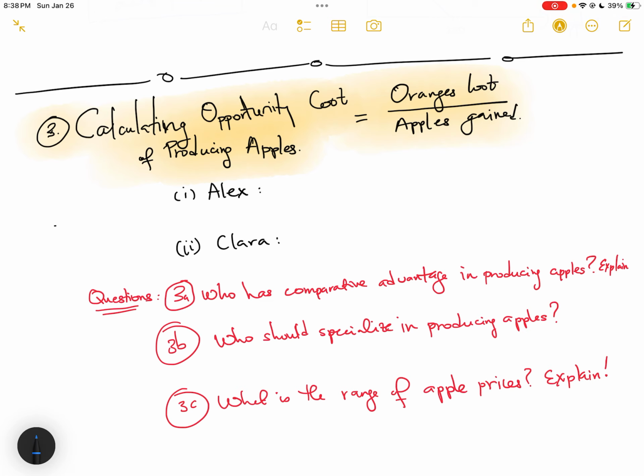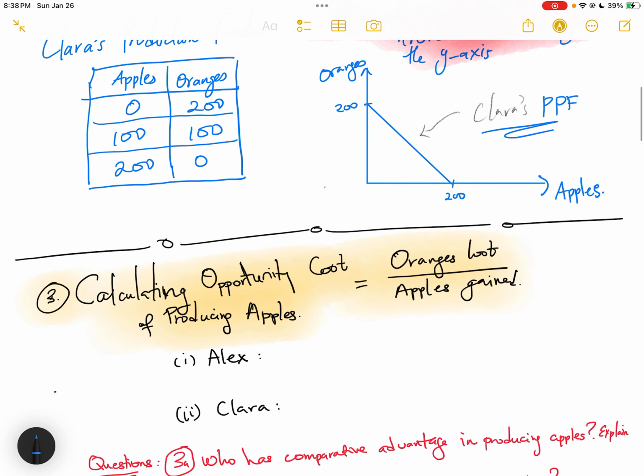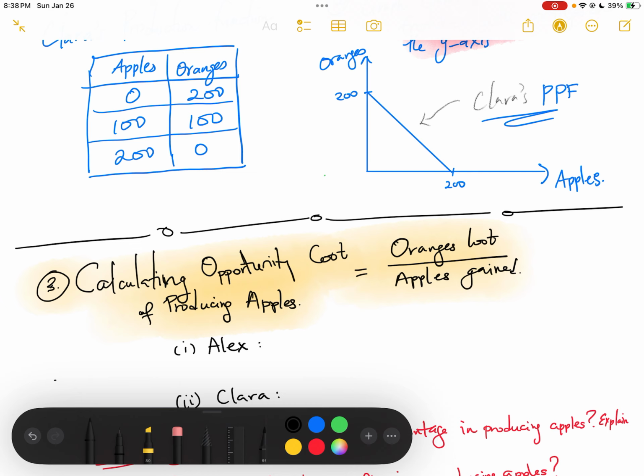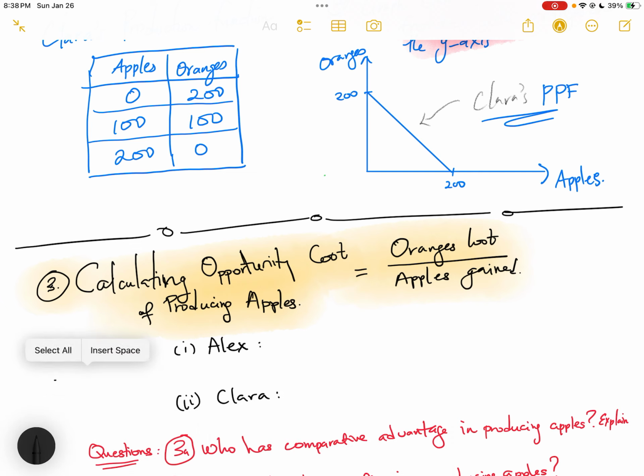So let's calculate the opportunity cost here for the opportunity cost of producing apples. The formula that I'm going to use is oranges lost over apples gained. And what I'm going to do here, I'm going to do the calculation for Clara first, since I can see hers right up here. So let's do the calculation for Clara in black.